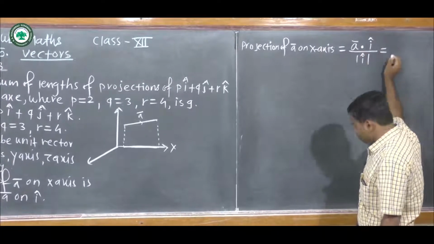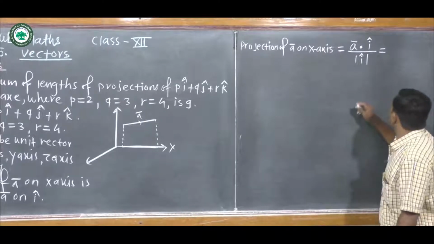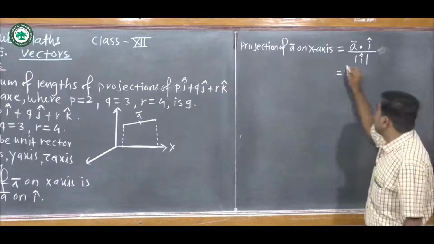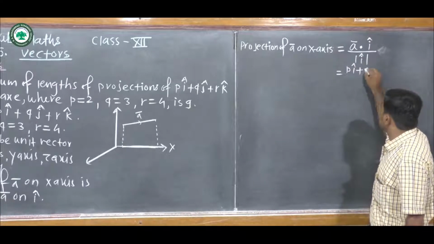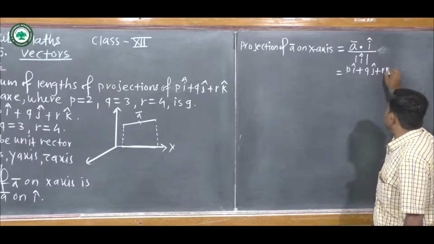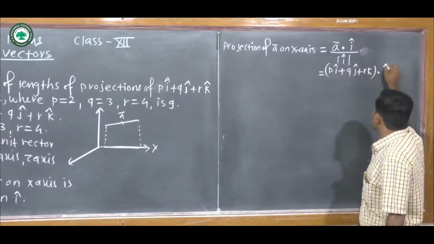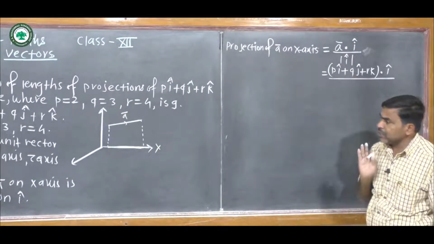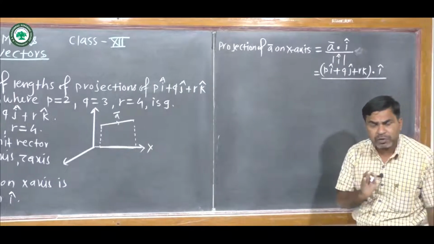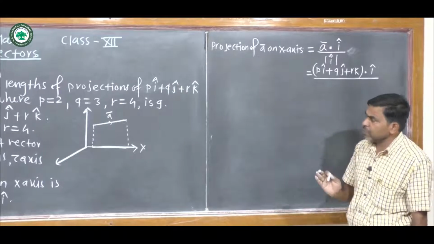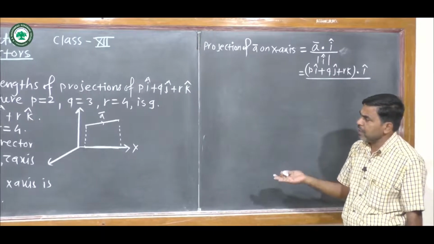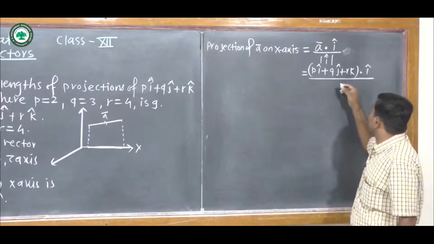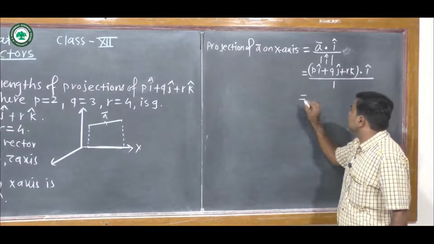So it is equal to A bar, this is P i cap plus Q j cap plus R k cap, dot with I cap divided by magnitude of vector I cap. See, I cap is the unit vector, so its magnitude is 1. J cap is the unit vector, its magnitude is 1. K cap is the unit vector, its magnitude is 1.